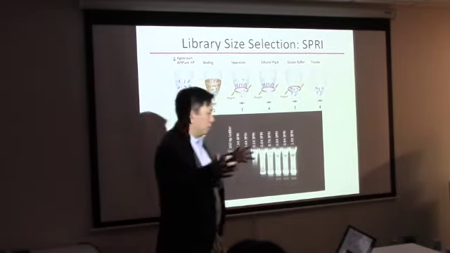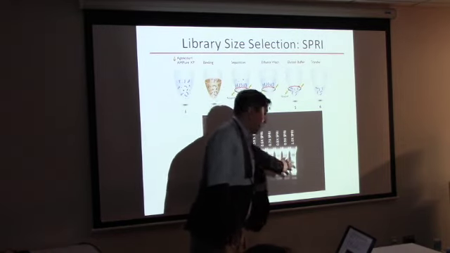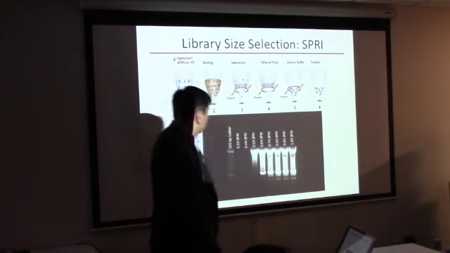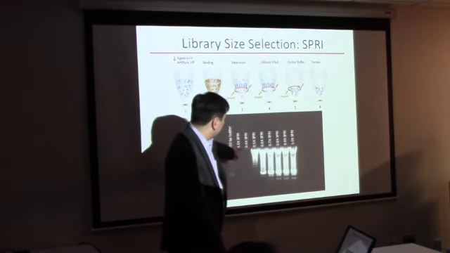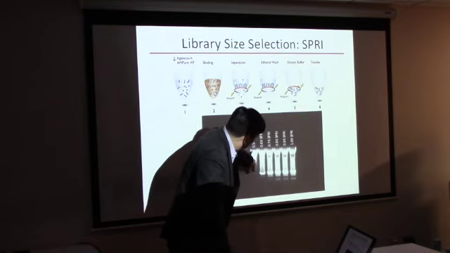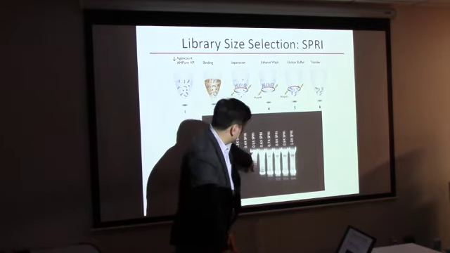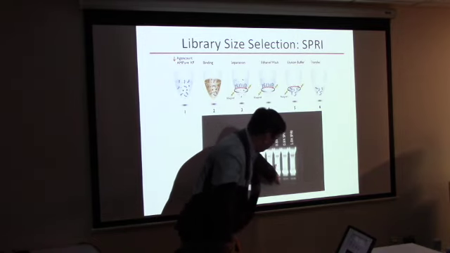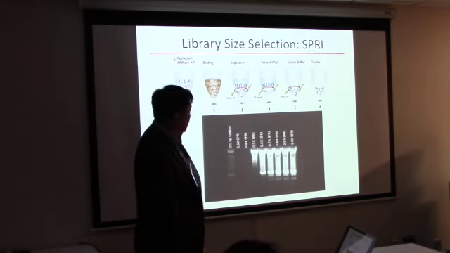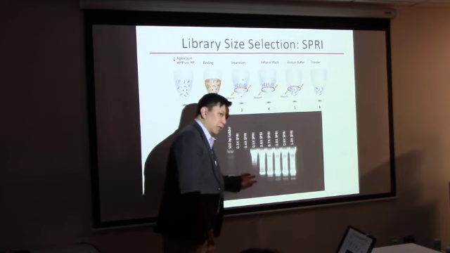That creates more stringency, which then drives the DNA to the beads. So if you're at 0.5x SPRI, you would basically find high molecular weight stuff above 500 base pairs. As you increase, you would get lower molecular weight stuff. Usually in library construction, you try to grab this region between 500 and 200 base pairs.